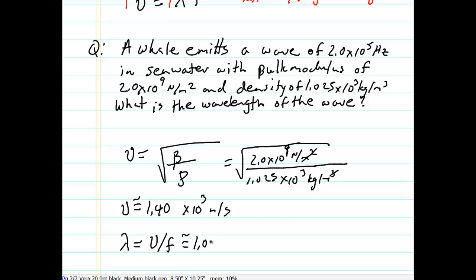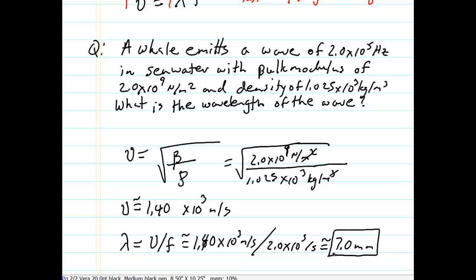So that's 1.40 times 10 to the 3rd meter per second, divided by the frequency, 2.0 times 10 to the 5th per second. Punch that in, and I come up with 7.0 millimeters for the wavelength, or 0.7 centimeters. So a fairly small wavelength.